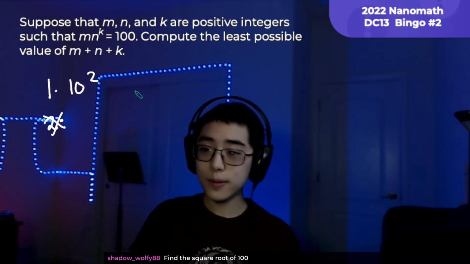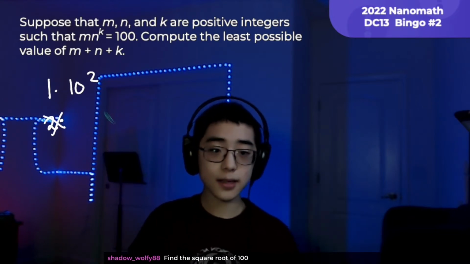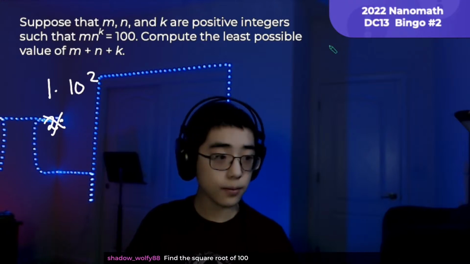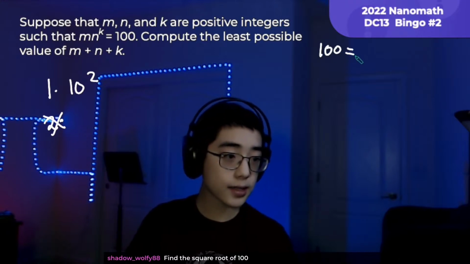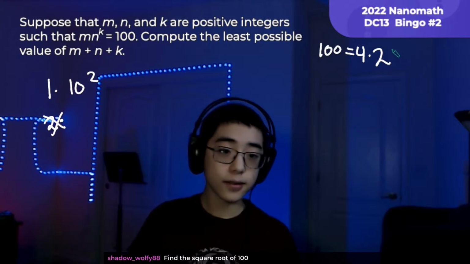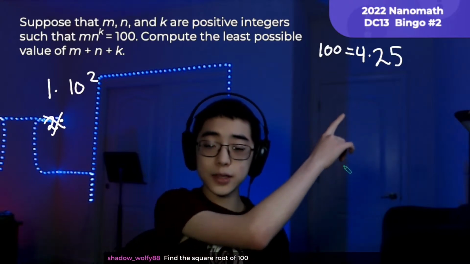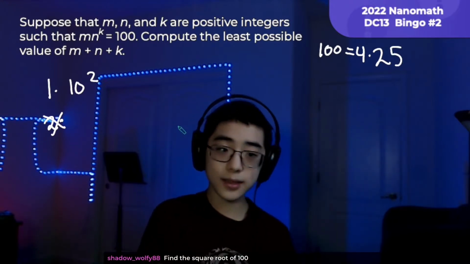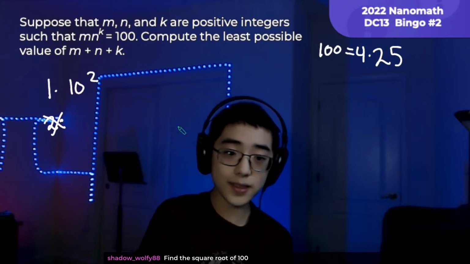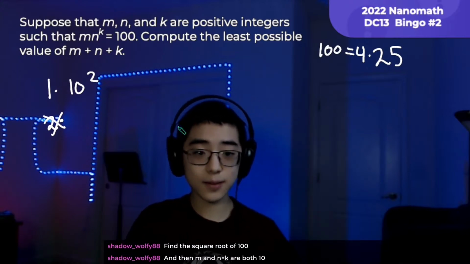Instead, we could try maybe m is 4, because 100 equals 4 times 25. And 25 is 5 squared, which is nice because 5 and 2 add to make 7, and that's pretty small.